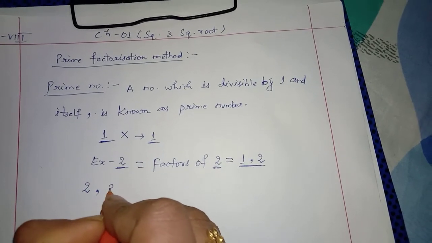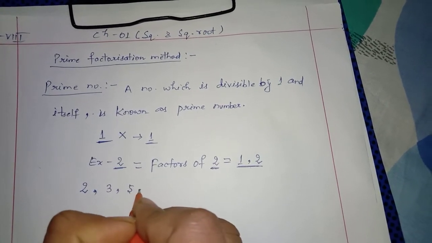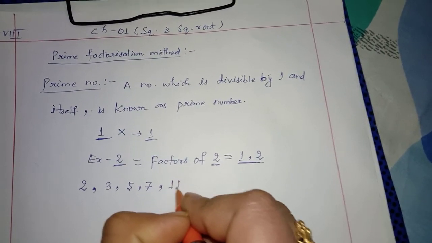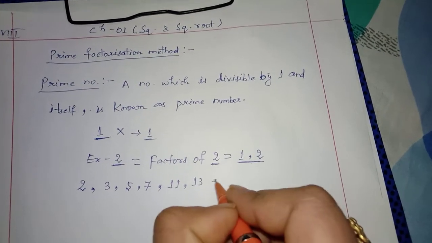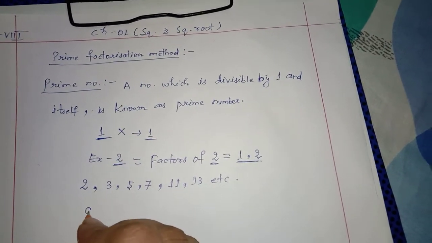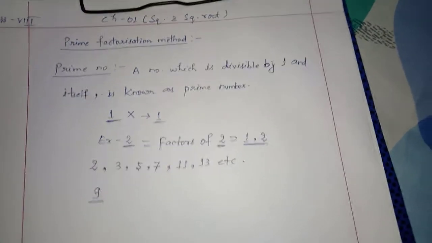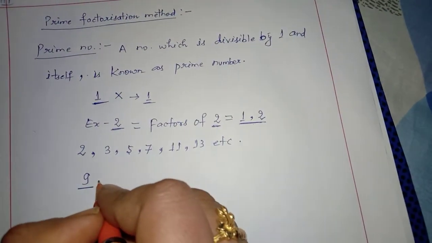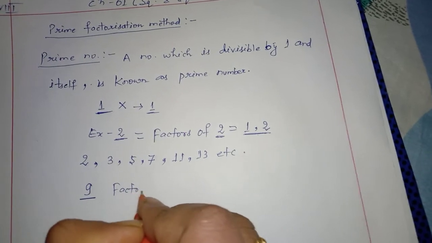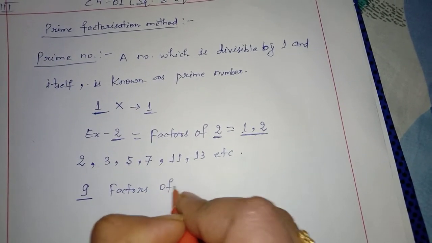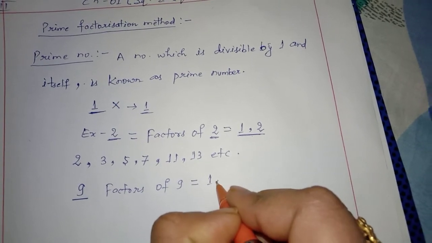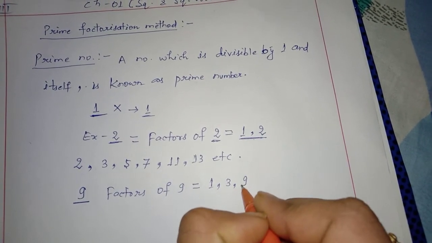The next prime numbers are 3, 5, 7, 11, 13, etc. Now tell me, is 9 a prime number or not? No, 9 is not a prime number because the factors of 9 are 1, 3 and 9.